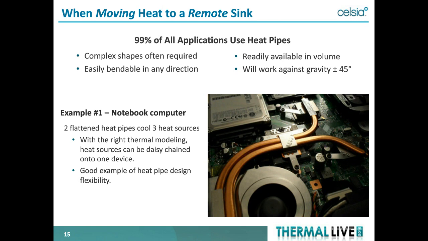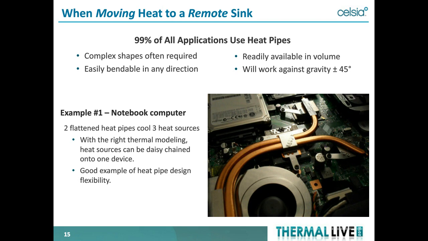They're available in volume. The manufacturing capacity in the world is many, many millions per month. Working against gravity is not too bad. Generally, for example, for a laptop application, they'll work against gravity up to a 45-degree angle.